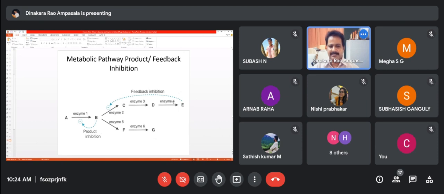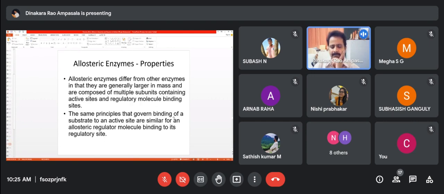Once E is more inside the cell, there is no requirement to convert the substrate into E. So this kind of inhibition we call product inhibition or feedback inhibition. It interacts with the enzyme and changes its structure, so that the enzyme loses its activity. This is one kind of regulation mechanism inside the cell for regulating molecules.